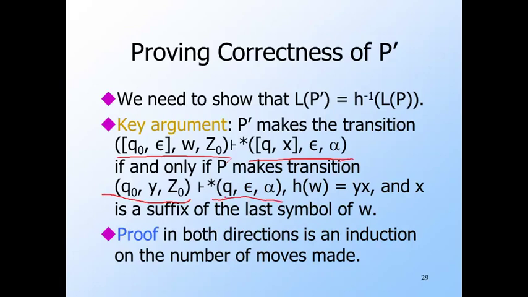And second, h of w is y, what P consumed, followed by x, which is the thing that P prime still has left in its buffer. Once we have that, we can restrict it to this case where x is empty and q is a final state. It then says that P prime accepts w if and only if P accepts h of w. That is, the language of P prime is h inverse of the language of P.